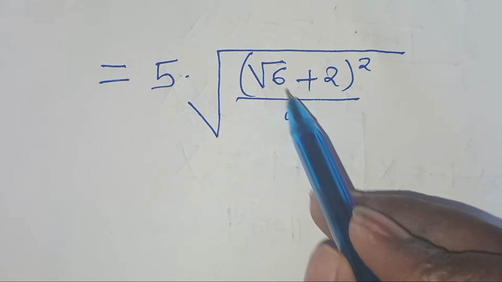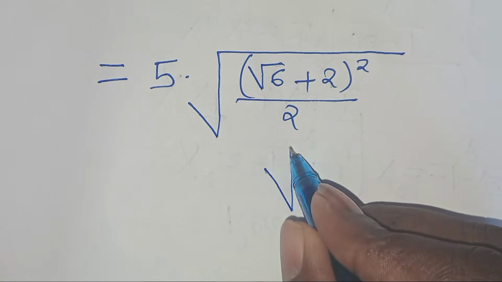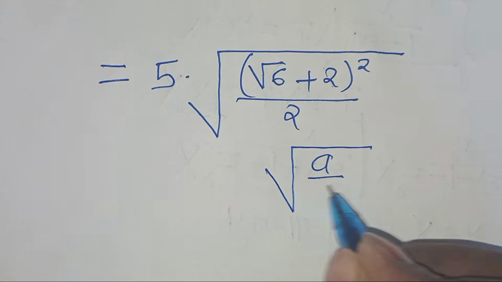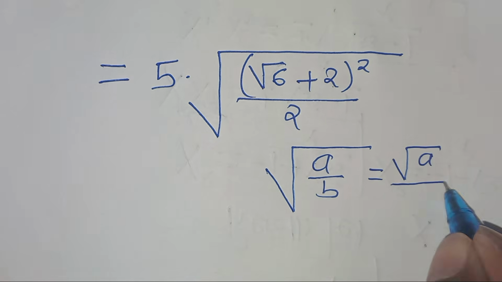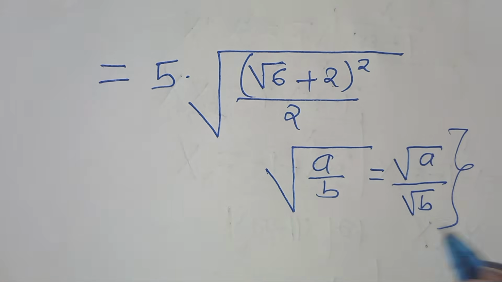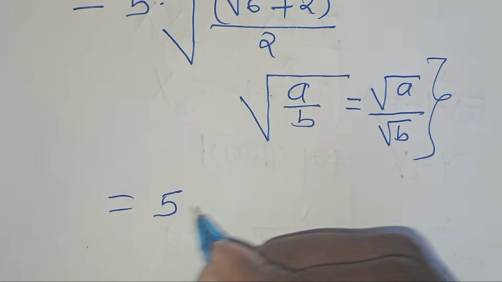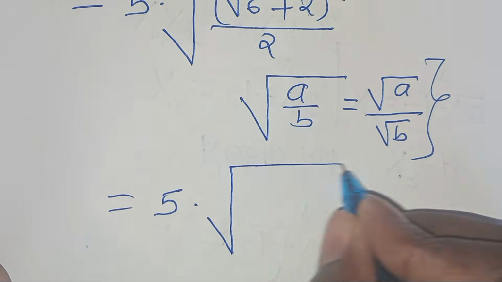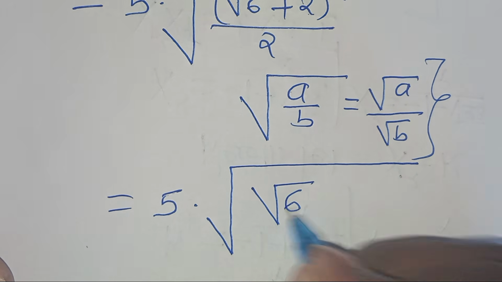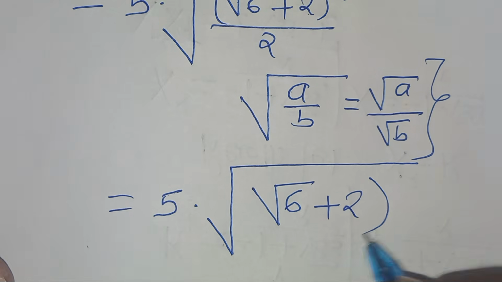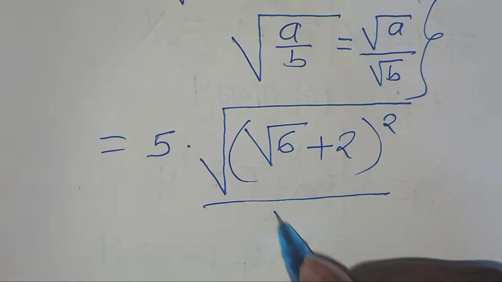Now we have the square root of root 6 plus 2 to the power of 2 divided by 2, which is in the form of square root of a over b, which can be expressed as the square root of a divided by the square root of b. So we have 5 multiplied by the square root of root 6 plus 2, everything here raised to the power of 2, then divided by root 2.